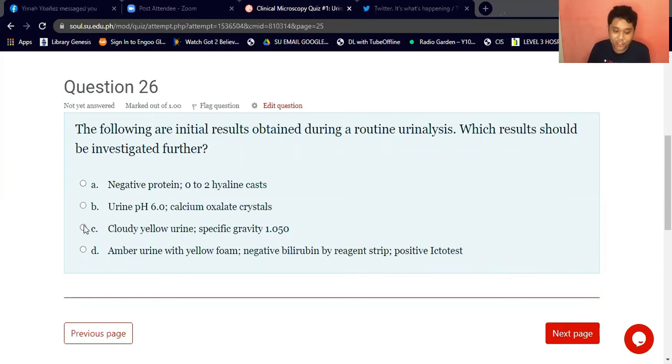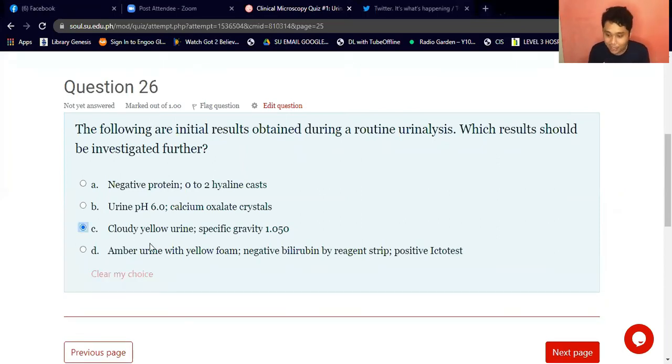Actually, the correct answer is letter C. Tanawa ang spec graph. Naabot og 1.050. And remember, we mentioned that it's physiologically impossible to reach 1.040 and above. So you need to investigate further. You have to look if naay radiographic contrast media sa ihi, because again, look at the spec graph, it's too high.